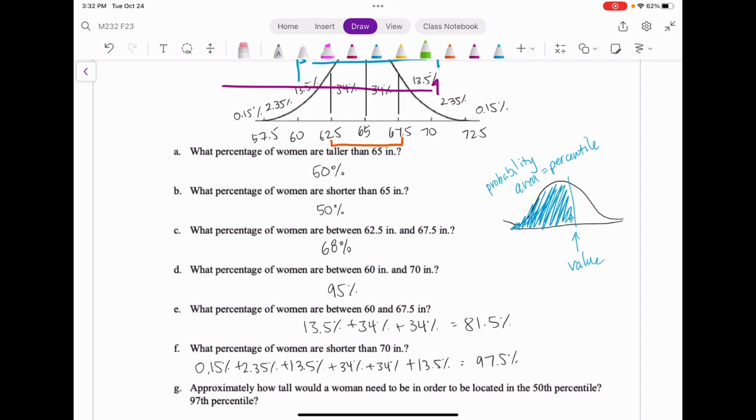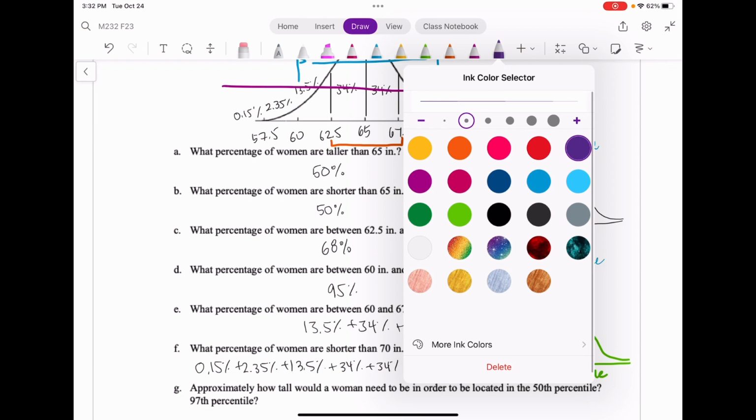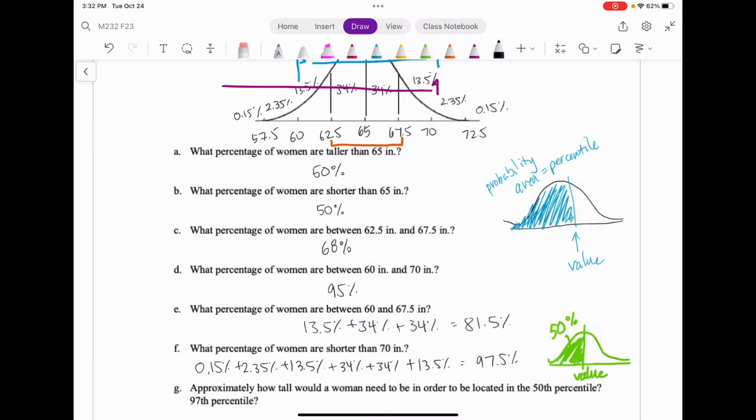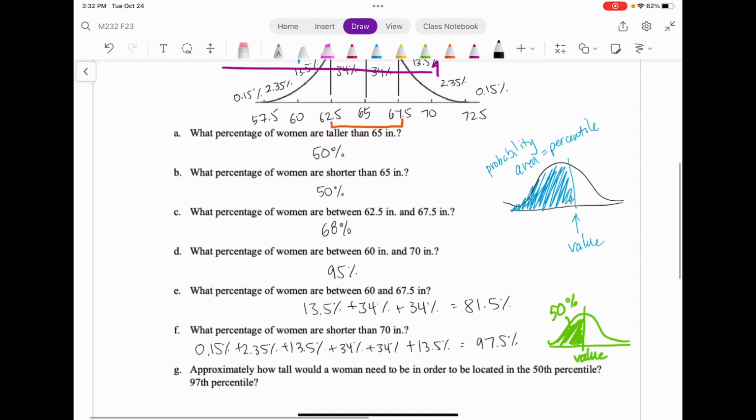If we have 50%, it'd be the 50th percentile. Looking at our chart, when I'm looking for the 50th percentile, that means I need to figure out what number has 50% below it. So if this is 50% here, what is this value here? Well, we know based on the empirical rule that from the middle down is 50%, and that's the value of 65 inches.